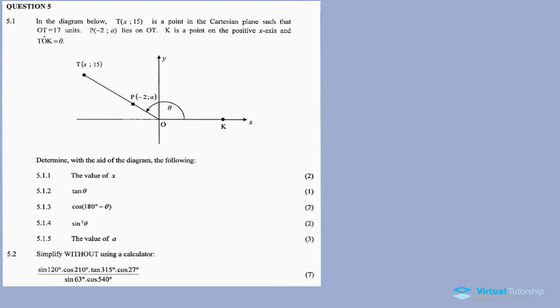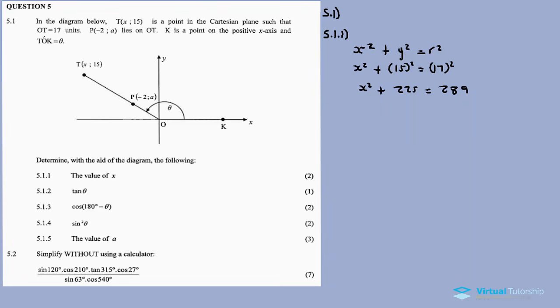So for x, we use the theorem of Pythagoras. 5.1.1, we are going to use the theorem of Pythagoras. x squared plus y squared equals r squared. The r is the radius, which is the arm OT. So we substitute the value for y, which is 15. 15 squared is 225, and OT is the same as r, 17 squared is 289.